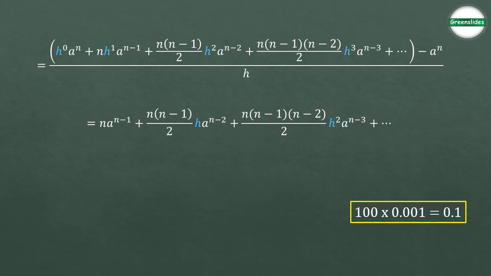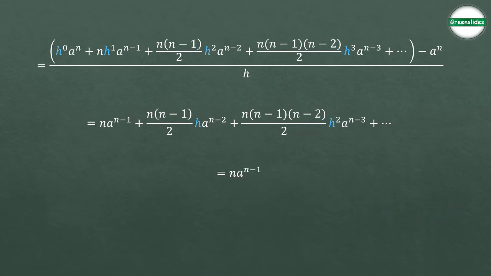So basically we can ignore every term other than the first term. And what do we get? We get n a to the power n minus 1. And this is dy by dx of x to the power n at any point x is equal to a. Simple.